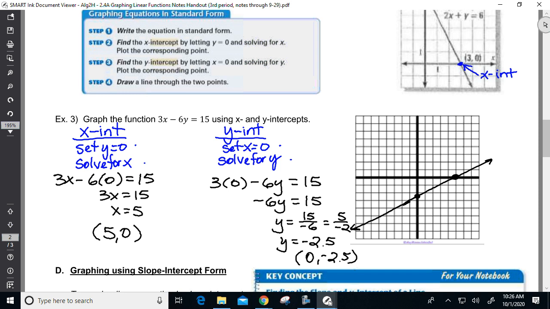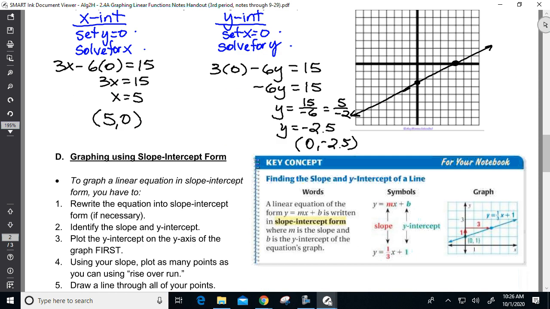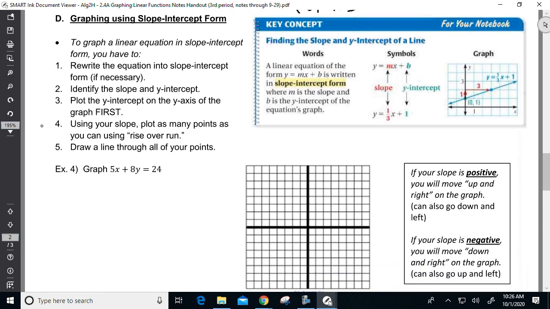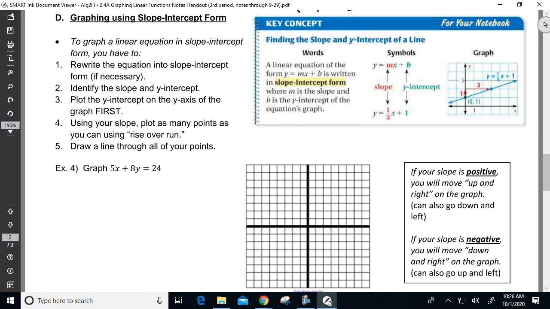Now we're going to finish the first half of 2.4 by looking at slope-intercept form and point-slope form. Slope-intercept form is probably nothing new for you. Point-slope form might be a little bit.